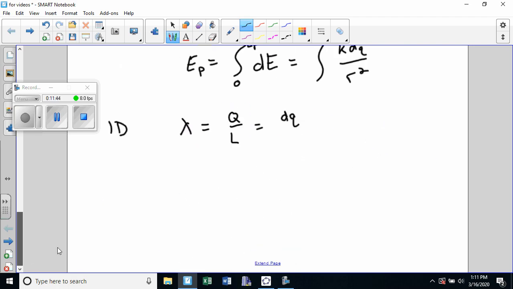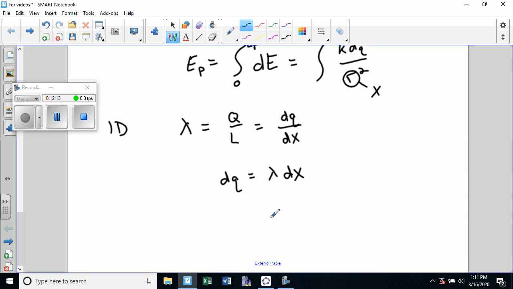The ratio of dq to dx should be the same as the ratio of total charge to total length. Because again, we said this was uniformly distributed. So then it does give me an opportunity to rewrite dq. dq is lambda dx. And then again, in the case of 1 dimension, not having a second or a third dimension to go to, I would change this r to be an x if I'm only looking in 1 dimension.